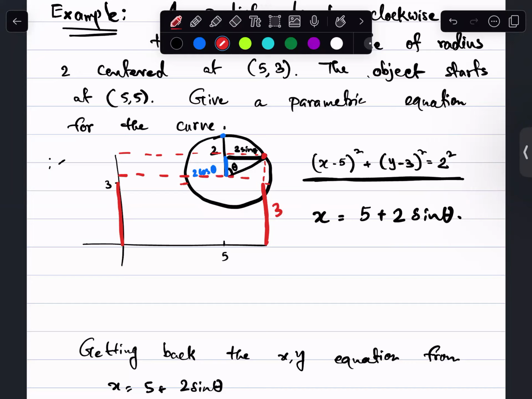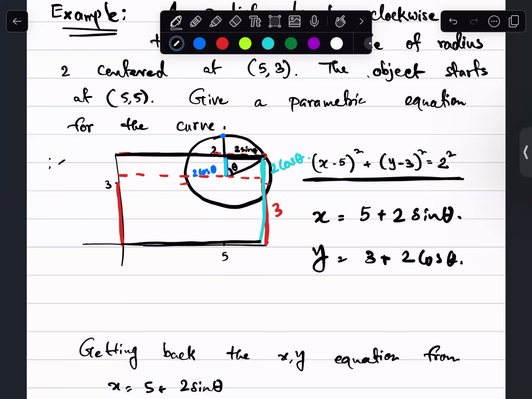So this distance is 3 and this part is the same as this part, which is 2 cosine theta. So the whole distance will be 3 plus 2 cosine theta. So I'll get y to be 3 plus 2 cosine theta. And similarly, for the x distance, from here to here, it will be 5 plus 2 sine theta by the same logic. You should try to think about it and get the result.